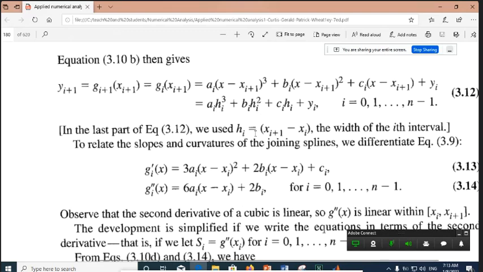We use h_i, the difference x_{i+1} minus x_i, the width of the i-th interval. To relate the slope and curvature of the joining splines, we differentiate equation 3.9.